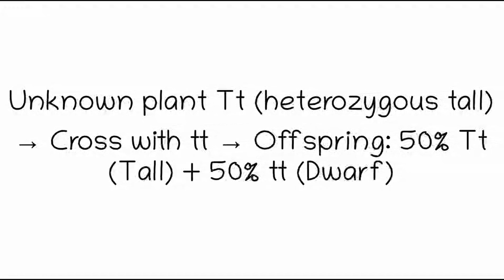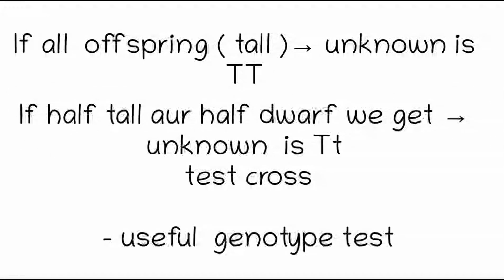So this was case 2. By the result we can conclude that if all the offspring are tall, the unknown plant is homozygous tall, and if half are tall and half are dwarf, the unknown tall plant is capital T small t.